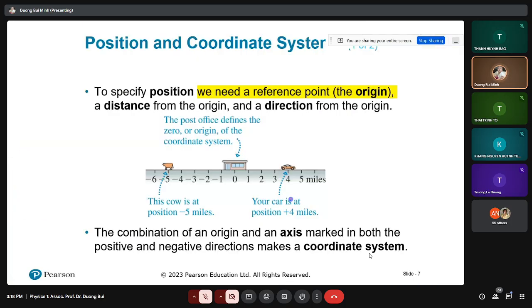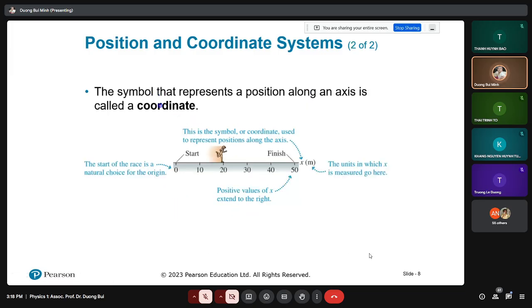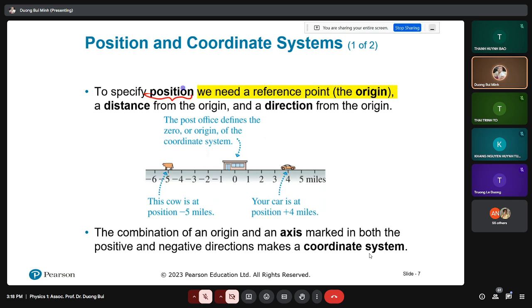Like I mentioned before, when we analyze the position, we need a reference frame, or a reference point, or the origin. So here is 0, here is y and here is x, and this is the origin. 0 means origin.